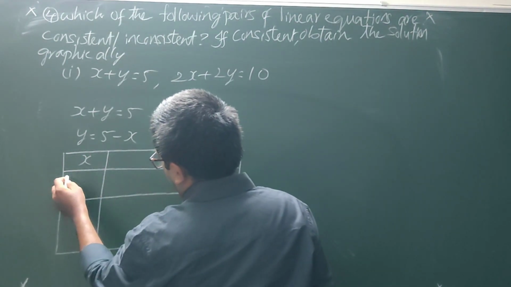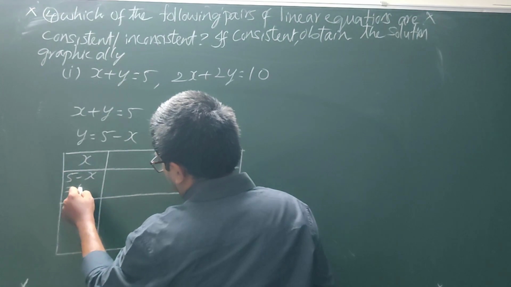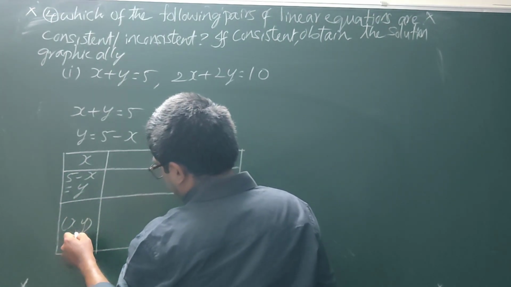Here x, here 5 minus x equal to y, here x comma y.